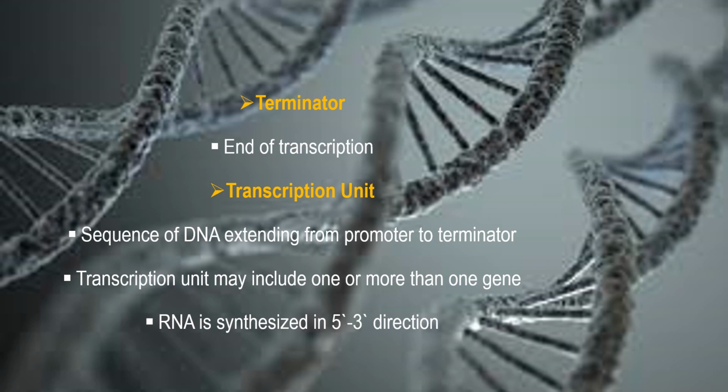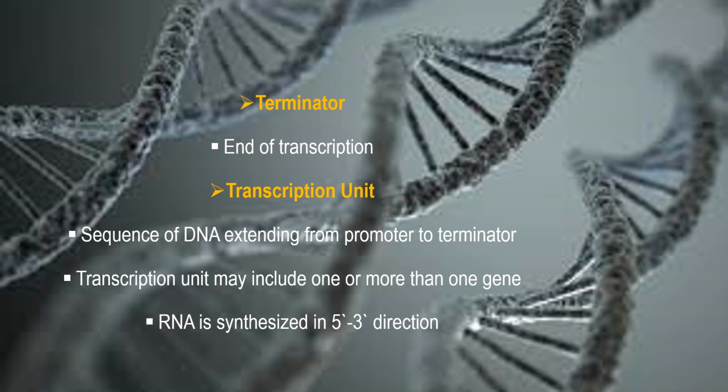The terminator is the sequence within the DNA where the end of transcription occurs. When RNA polymerase moves along the DNA and reaches the terminator sequence, transcription stops. RNA polymerase then releases the DNA template.